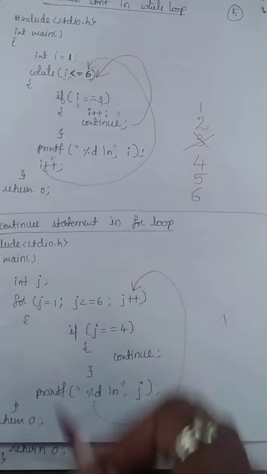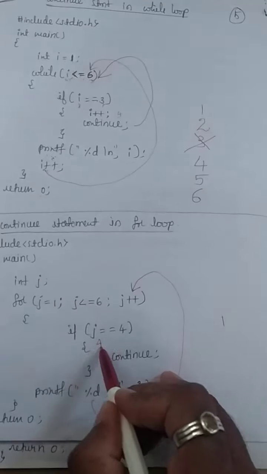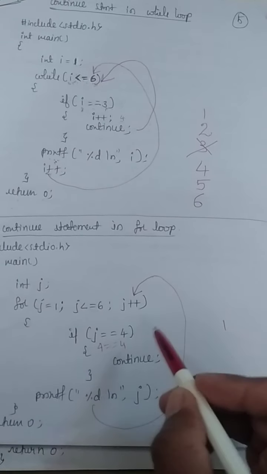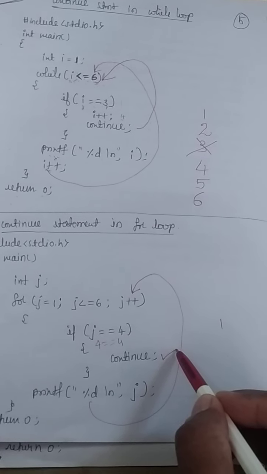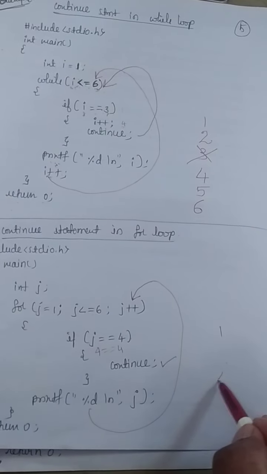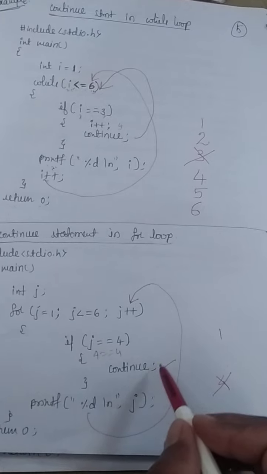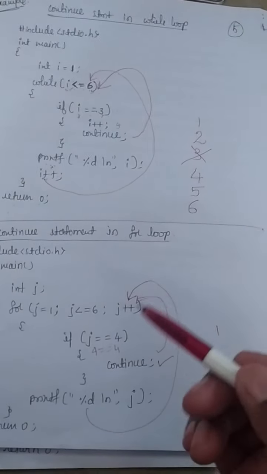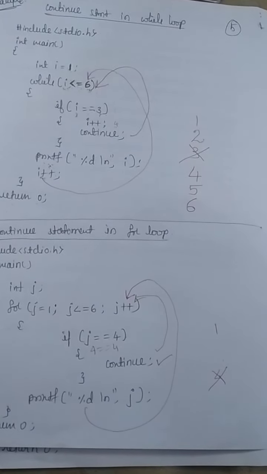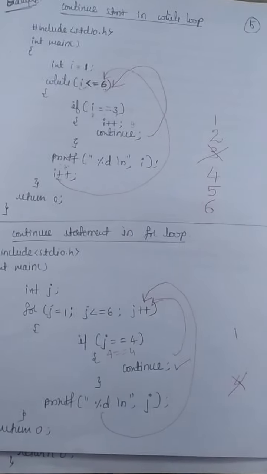So like this it will keep on checking. When j becomes 4 now, whether 4 is equivalent to 4, yes, condition true. It means the continue statement will execute. It means we are not going to print the value 4 here. Instead, the control jumps to j++. Then it will check for 5, 6 and 7. Got it? Trace it once and you will come to know. Thank you.